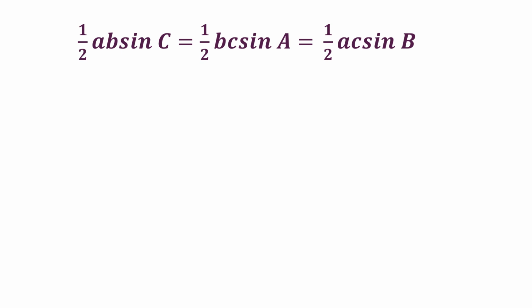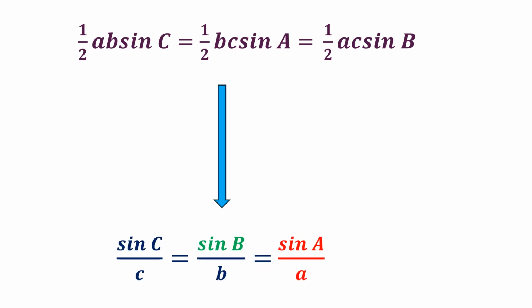So the next question is, from these equations, how am I able to derive the sine rule? And what is the sine rule? It's basically sine C over c equals sine B over b equals sine A over a.